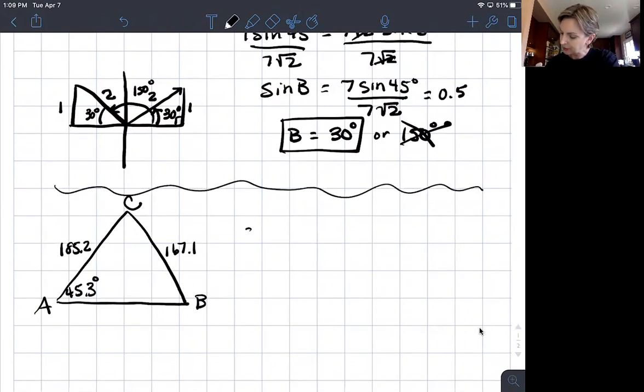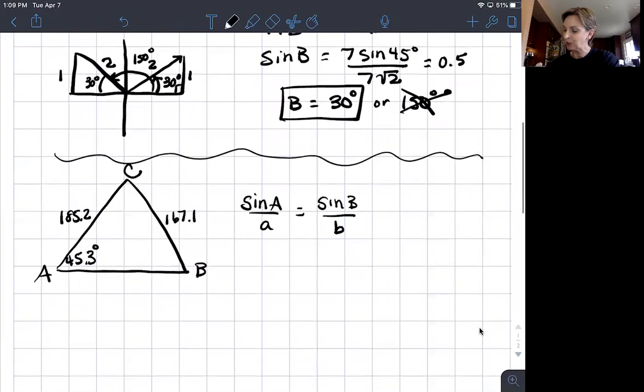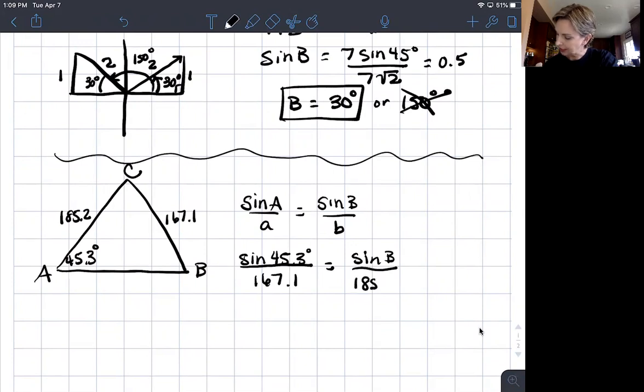Okay, so we want to use sine A over A, and we want to use sine B over B. Again, we want to use A because we know the angle A and the side A, and we want to use B because we know side B. So we're going to use this and solve for angle B. We substitute in what we know, 45.3 degrees over side A. We're solving for angle B, and here is our side B. So far the same as any other problem.